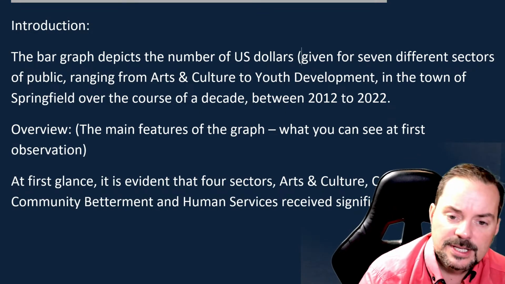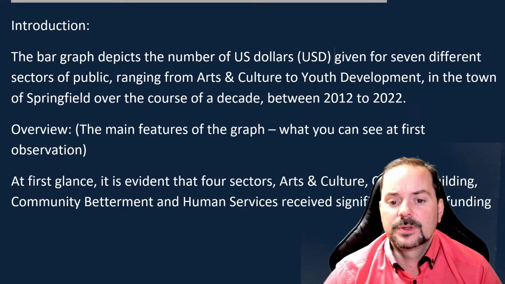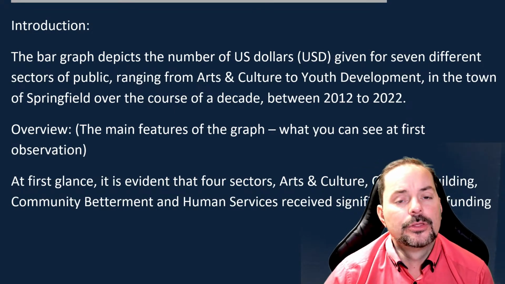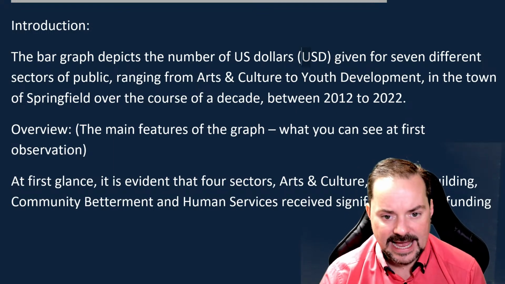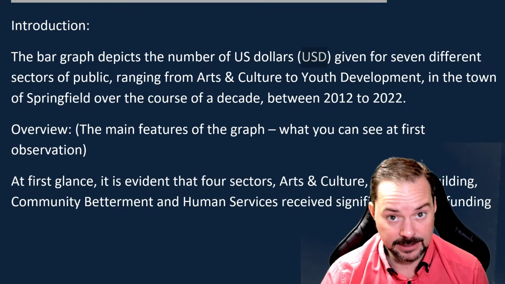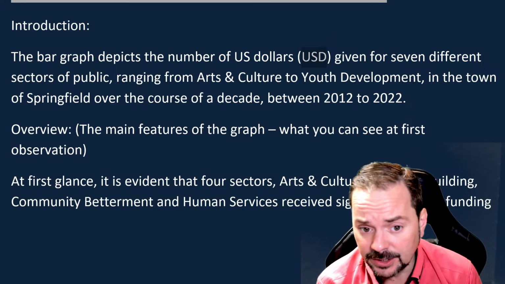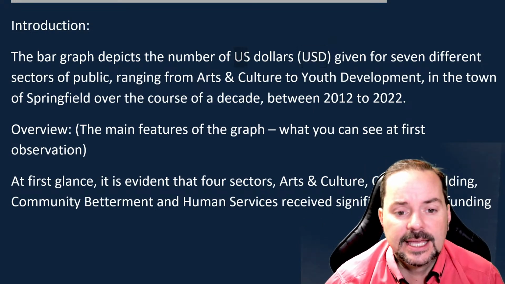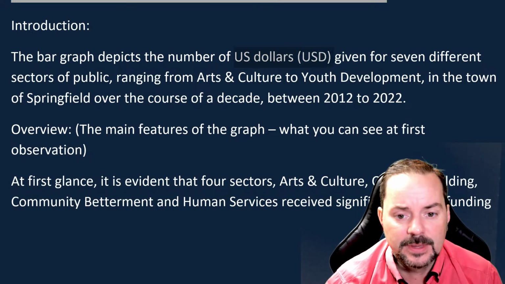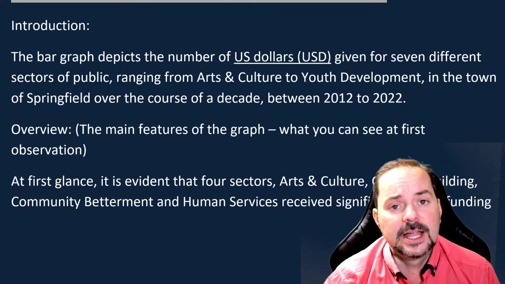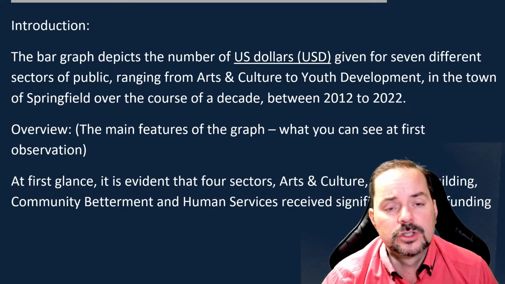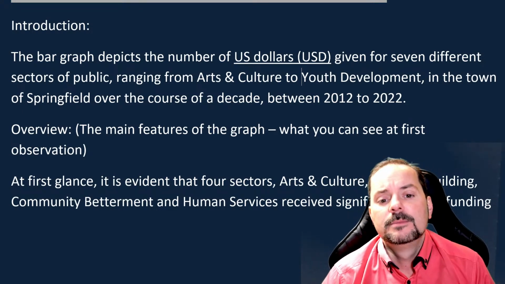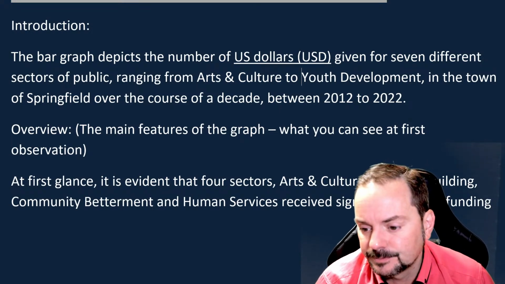Here, what I'm going to do is in brackets, I'm going to go USD, okay, like that. In academic writing, that is the rule, okay? If you're going to use an acronym to make your essay more efficient, then you have to show that the first time you indicate the term and that acronym. Now, what that lets me do is I don't have to say US dollars, or I don't have to use the dollar sign. You can do that as well, okay? But now I can use just USD. All right?